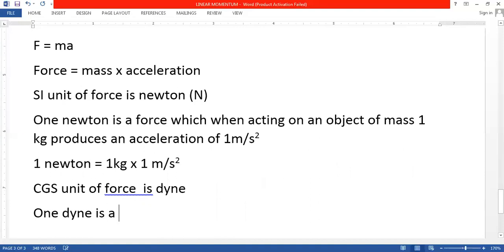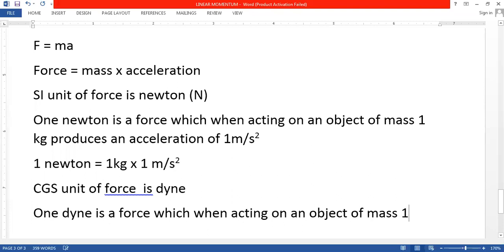One dyne is a force which, when acting on an object of mass 1 gram, because in CGS the mass is measured in gram, produces an acceleration of 1 centimeter per second square. Can you repeat? 1 centimeter per second square. Very good.